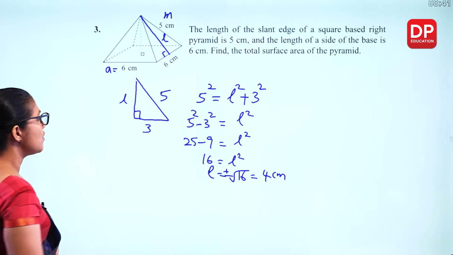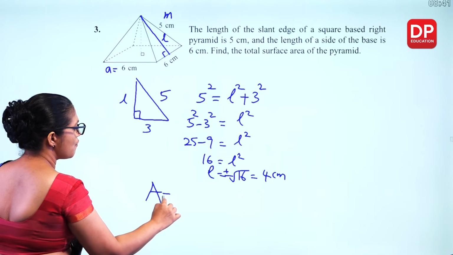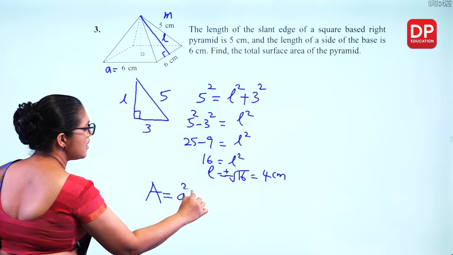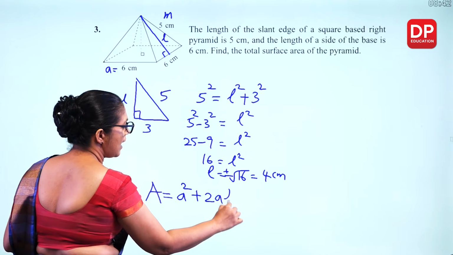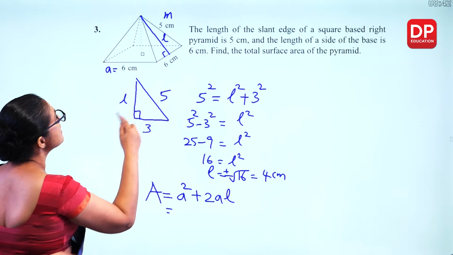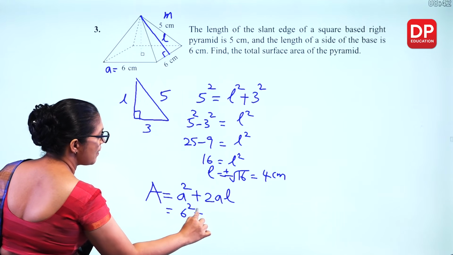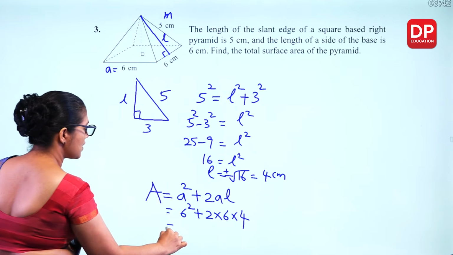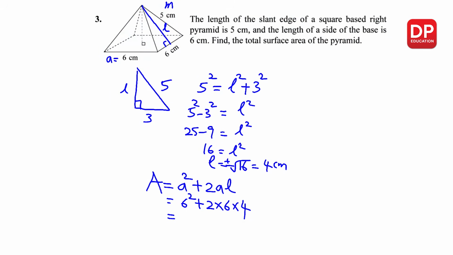After you get L, you can straight away use the formula to find out the surface area. A squared plus 2AL. So A squared, what's the length? 6. 6 squared plus 2 times 6 times 4. So what's the final answer? 6 squared is 36.